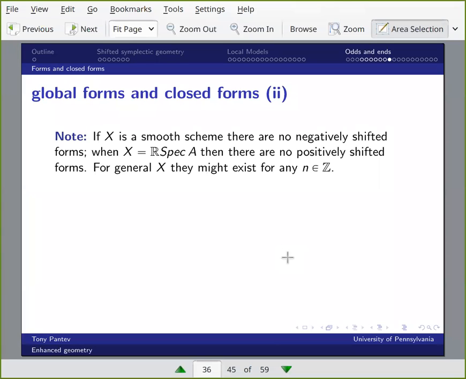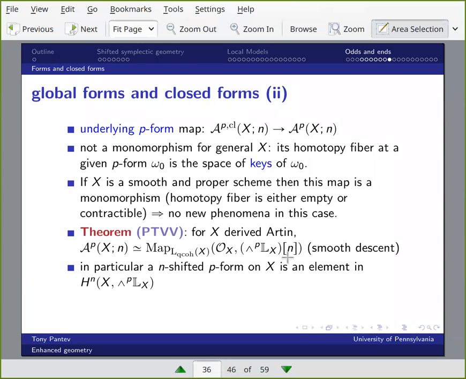So if X was just a scheme or a space and it's smooth, if it's a manifold, then you won't get any negatively shifted forms. There are no negatively shifted forms. If it's affine, but derived maybe, then there are no positively shifted forms. And for a general guy, which is not affine and it's not a scheme, but it's a derived stack or a derived space, you can get shifted forms for arbitrary shifts.